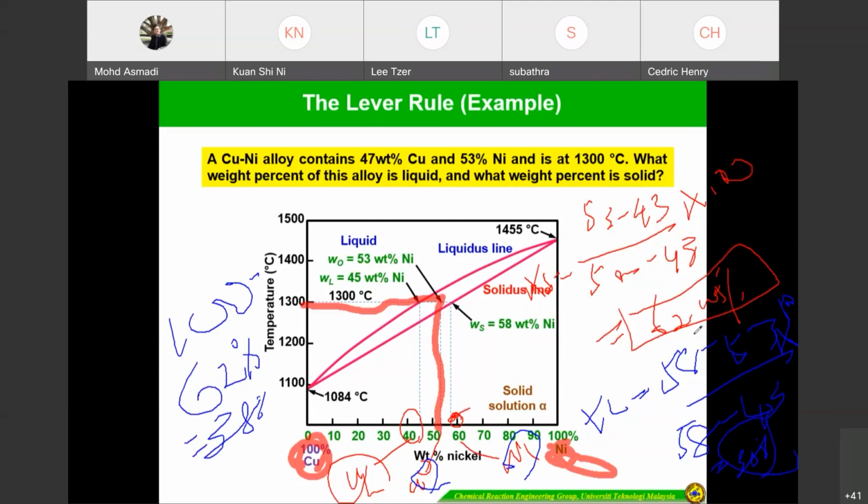So the fraction of the liquid is 38%. This one is 38. The liquid is 38%, and the solid is around 62%. Do you understand?